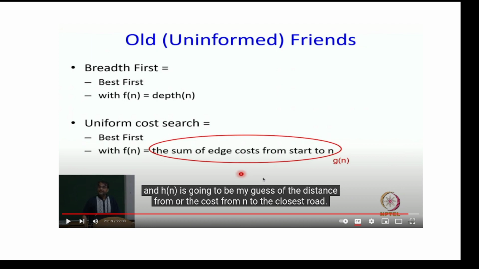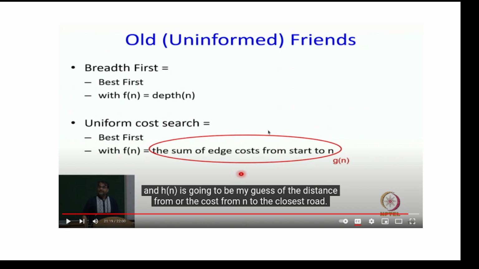Till now we have understood and discussed the uninformed searches, which were DFS, BFS and all. So we have BFS, breadth first. We are also doing best first. What was the criterion there? The criterion was we'll go depth by depth, let's say depth 1, and then we explore all the nodes.